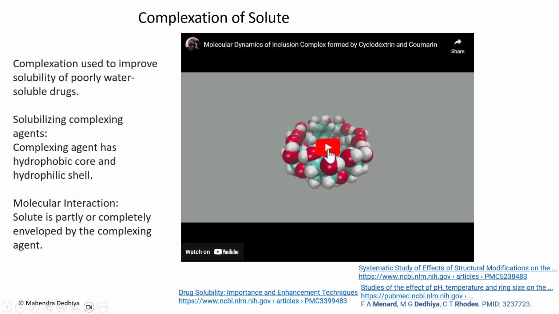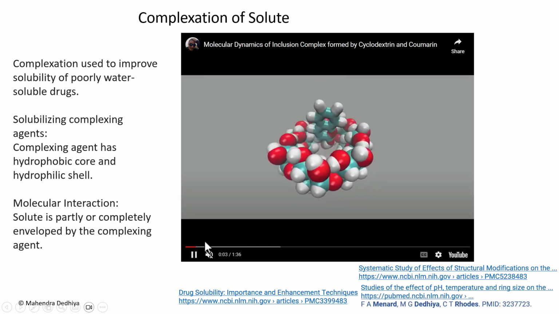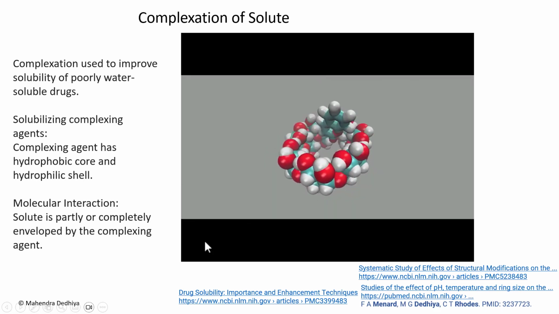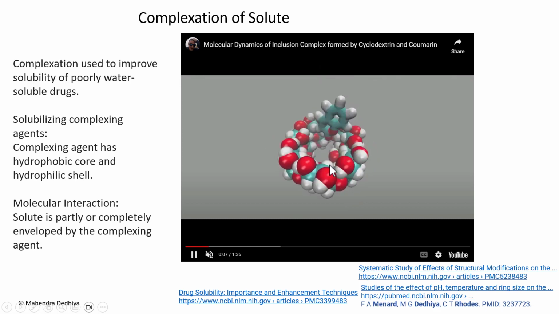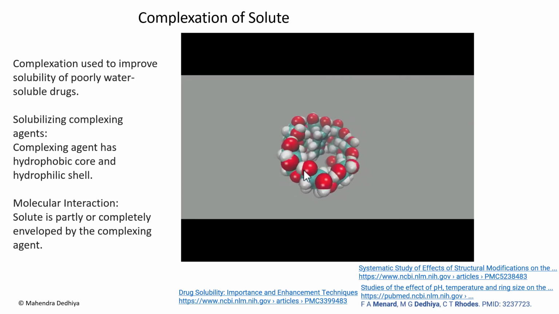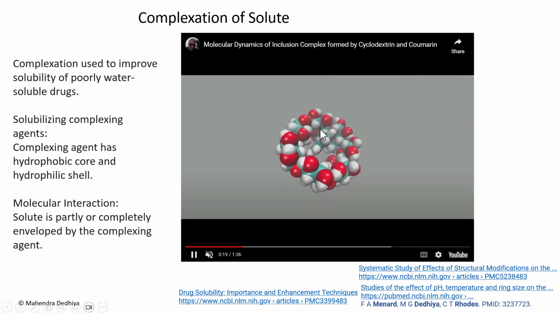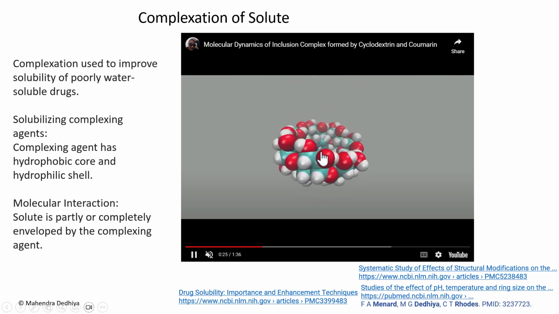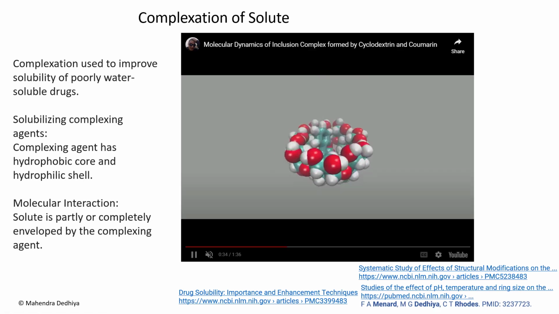In this video, you will see molecular simulations of how solute sits in this particular cavity. This is BCD, beta-cyclodextrin, having a shell and an inner core. Insoluble material that's soluble within the inner core will fit in that ring cavity and make a soluble product.